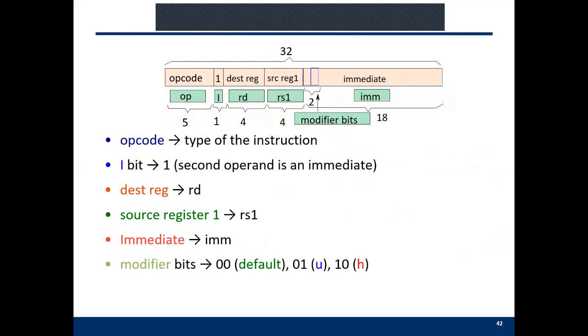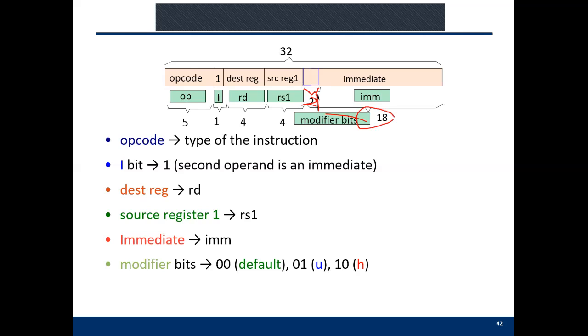And we also have some modifier bits like the U and the H that I presented in the previous slides about the move instructions, move U, move H. These two use 2 bits, and sometimes these 2 bits can be used to encode the immediate number.